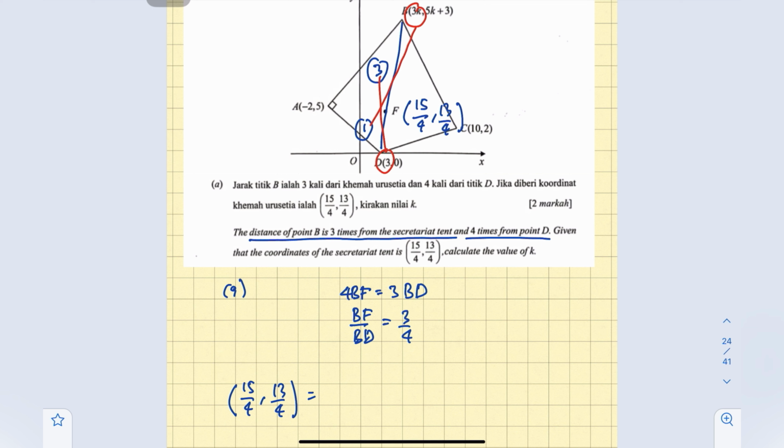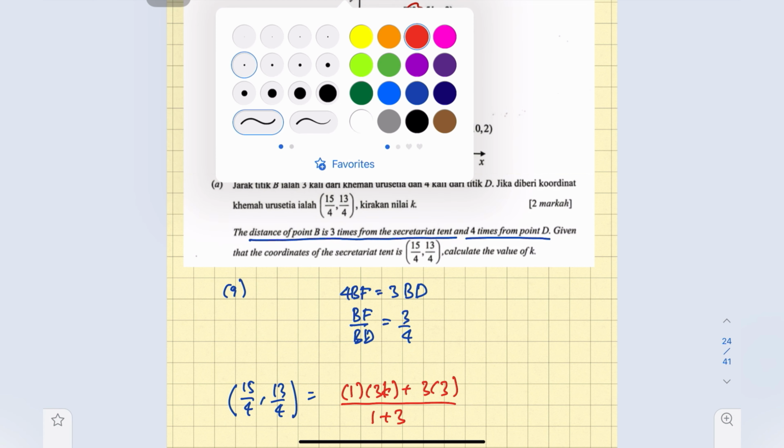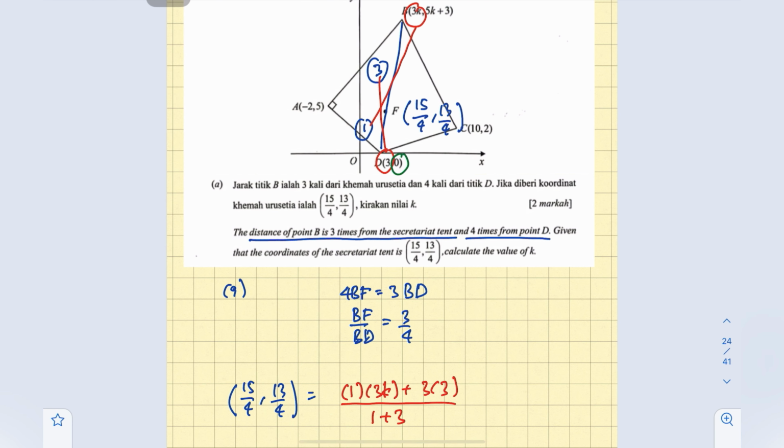So we get 1 times 3K plus 3 times 3, over the ratio 1 plus 3. Okay, so then for coordinate Y, we cross again. So this one is 1 times 5K plus 3, and plus 3 times 0, over 1 plus 3.